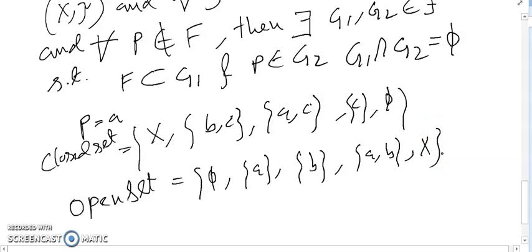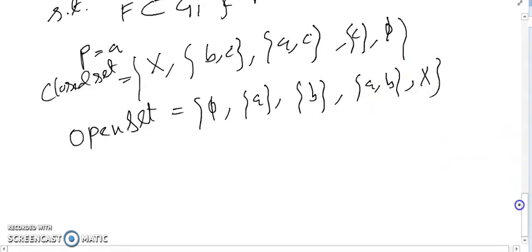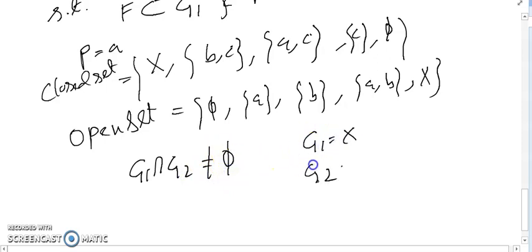So G1 intersection G2 does not equal φ, and G2 equals {a}, but G1 does not equal φ, so it is not regular.